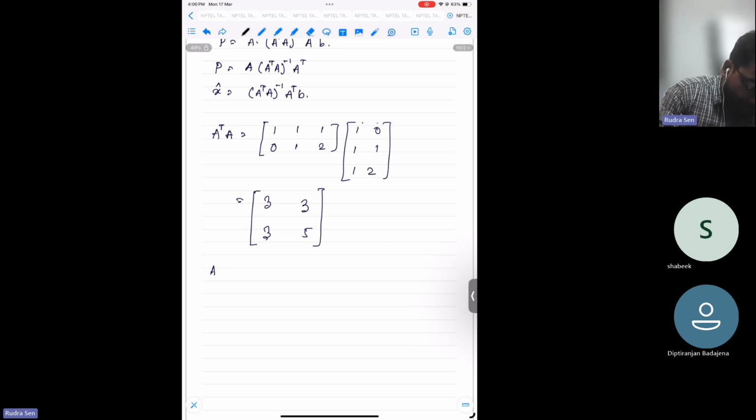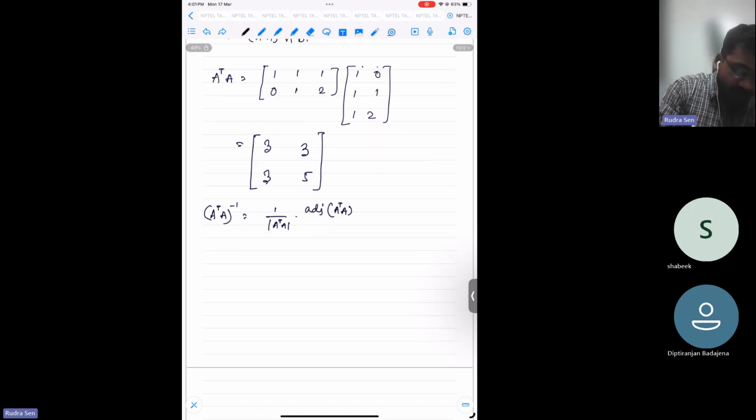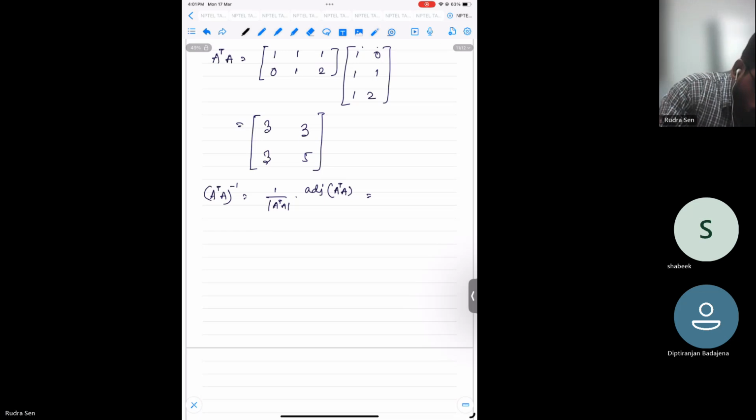The inverse will be 1 by the determinant of A transpose A, into the adjoint of A transpose A. So it's 1 by 15 minus 9, which is 6, and these two entries change and the negative sign would be there.